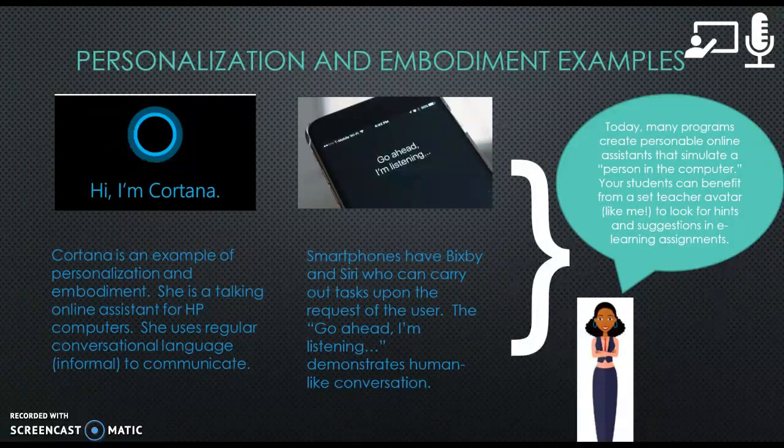I provided examples like Cortana, Siri, and Bixby, which are on smartphones and computers that actually talk to you and assist you. On a simpler level, as teachers, you can just create a simple avatar that students look for and see when you are presenting them with the different types of text.